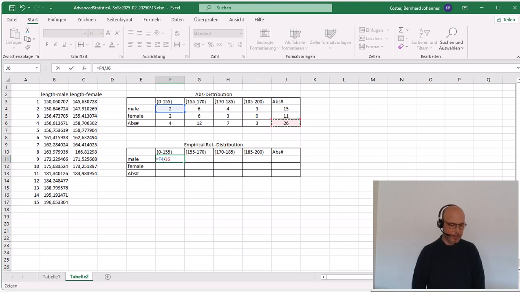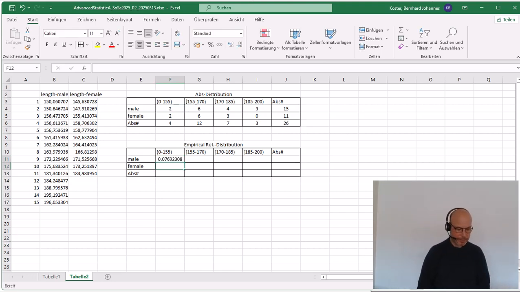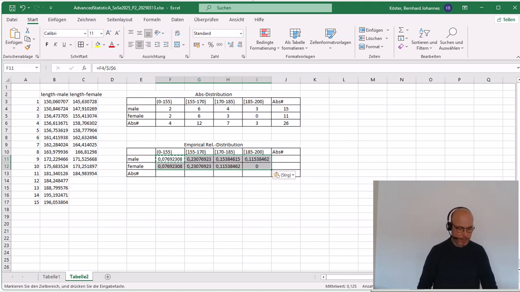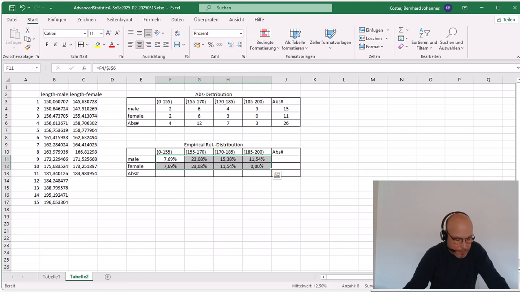And again, since we have to calculate every number or divide every number by 26, we again fix it by F4 and then copy this one here. And these are now our probabilities to be, for example, female and in the interval 170 to 185.